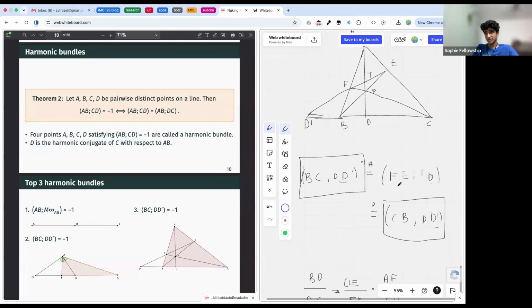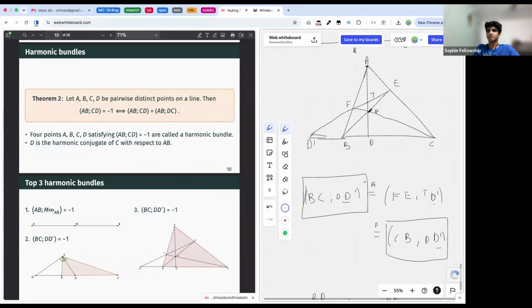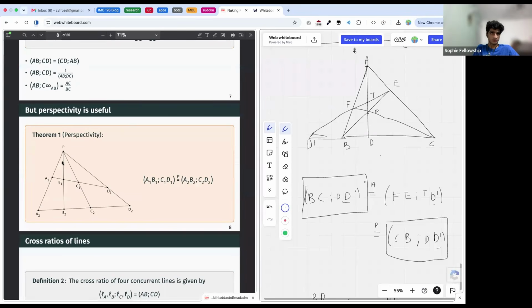How did you project? This is the same picture of perspectivity. So if you remember this picture over here, the cross ratio of A1, B1, C1, and D1 is equal to the cross ratio of A, B, C, D2. And I can use that same picture in all sorts of weird ways. So the cross ratio of these points, let's call them 1, 2, 3, and 4.